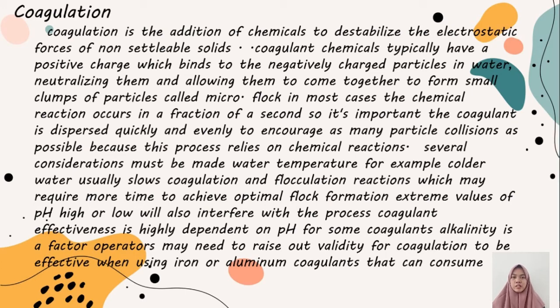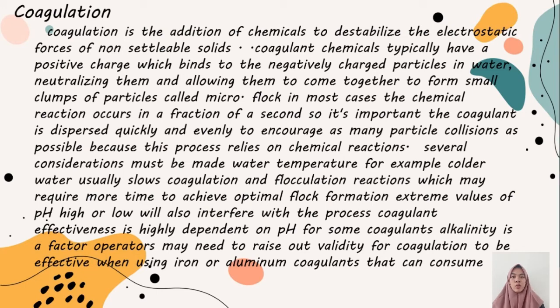Water temperature, for example: colder water usually slows coagulation and flocculation reactions, which may require more time to achieve optimal floc formation. Extreme values of pH, high or low, will also interfere with the process. Coagulant effectiveness is highly dependent on pH. For some coagulants, alkalinity is a factor.